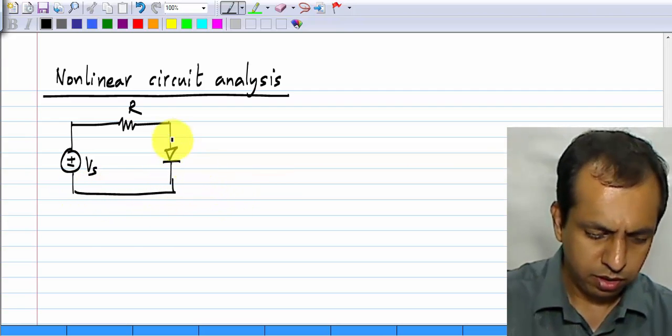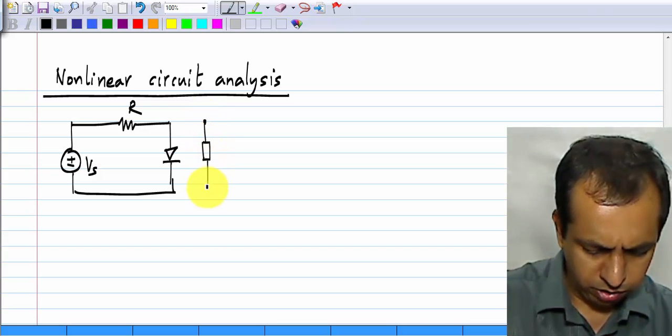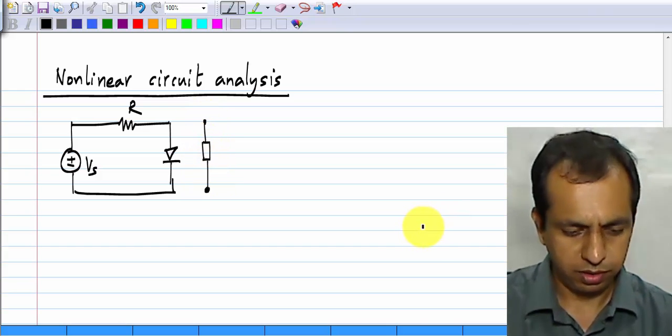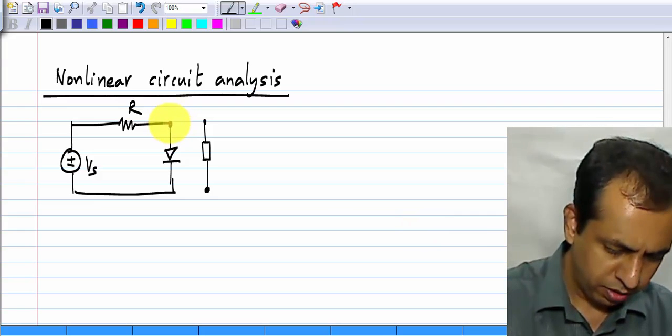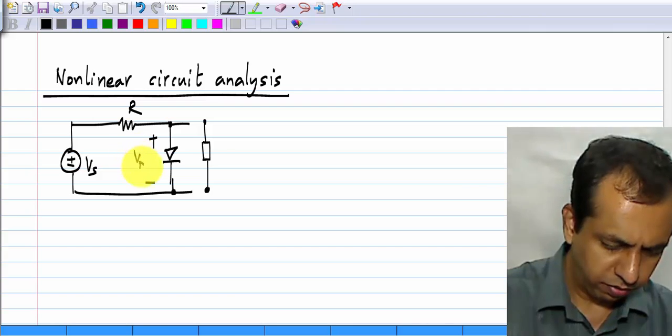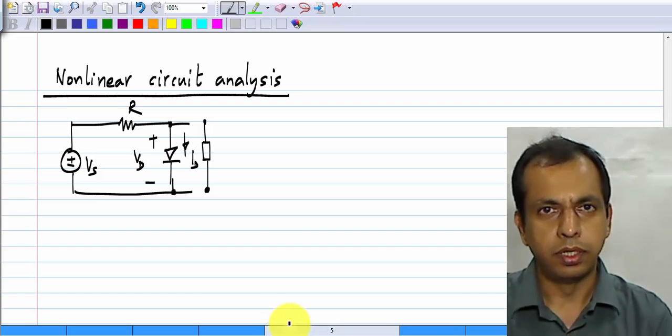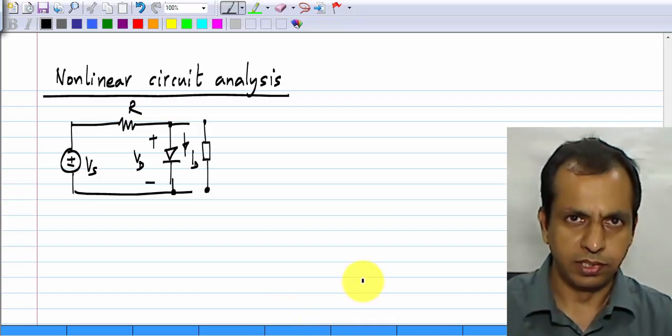And of course, this could be any other nonlinear element as well. I will call the voltage across this Vd and the current through it as Id. Let us see how to analyze this.